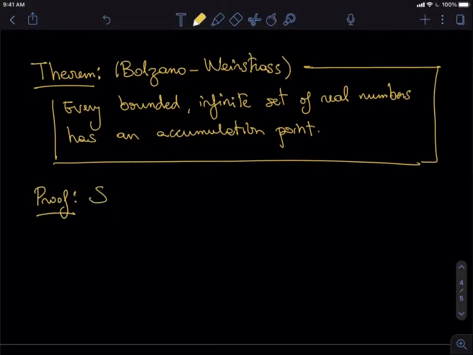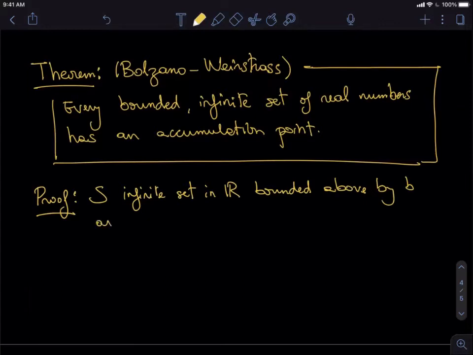Let's say that S is an infinite set in R bounded above by B, and also, because it's bounded, from below by A.